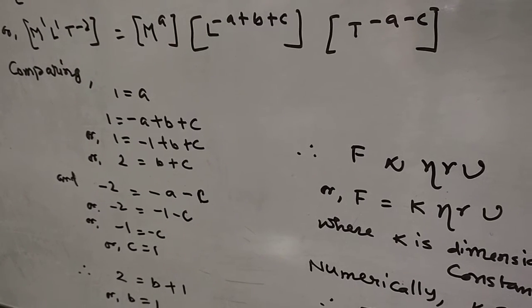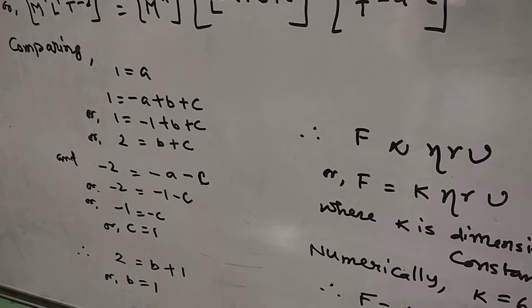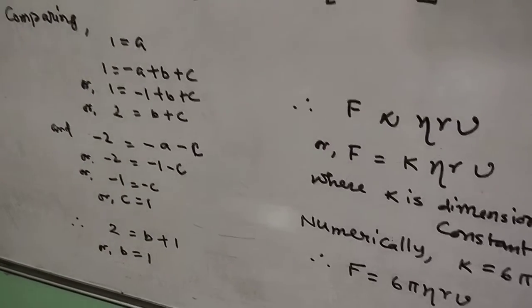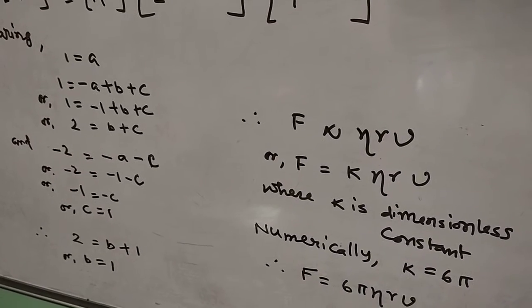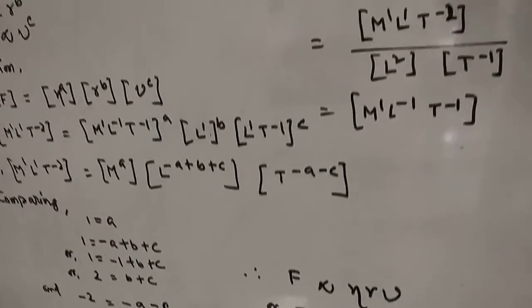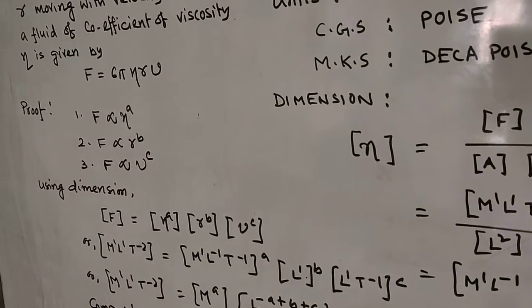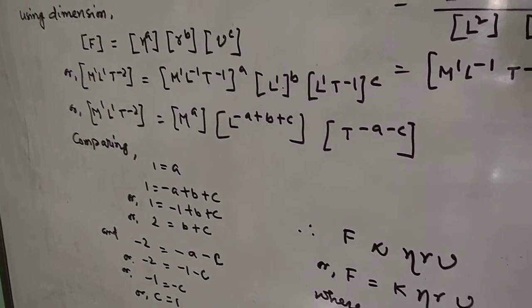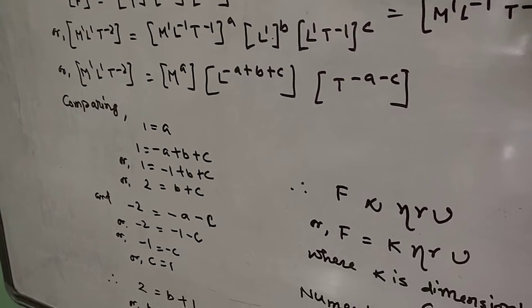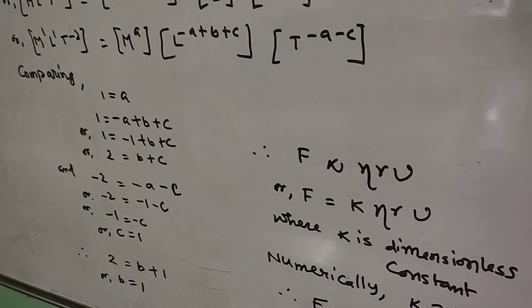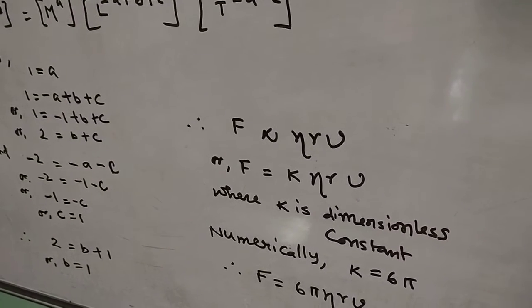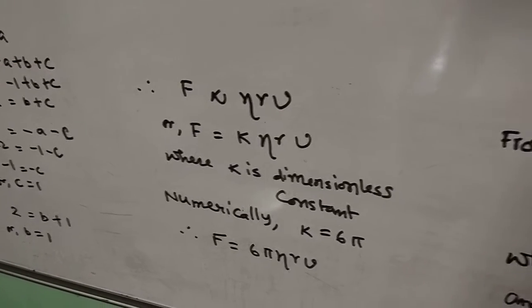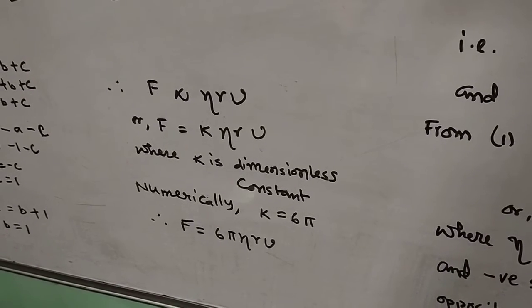If you substitute the c value in 2 equals b plus c, we get b equals 1. So we are getting a equals b equals c equals 1. We can substitute in the equation combining 1 to 3, so it comes out that F is proportional to eta r v. So F equals k eta r v, where k is a dimensionless constant. Numerically, k is found to be 6 pi. So ultimately F equals 6 pi eta r v.